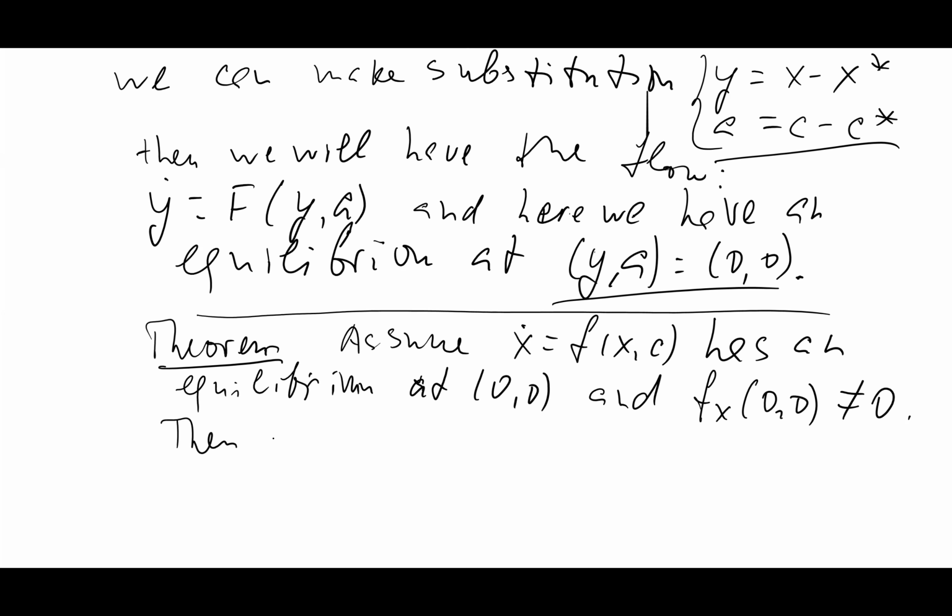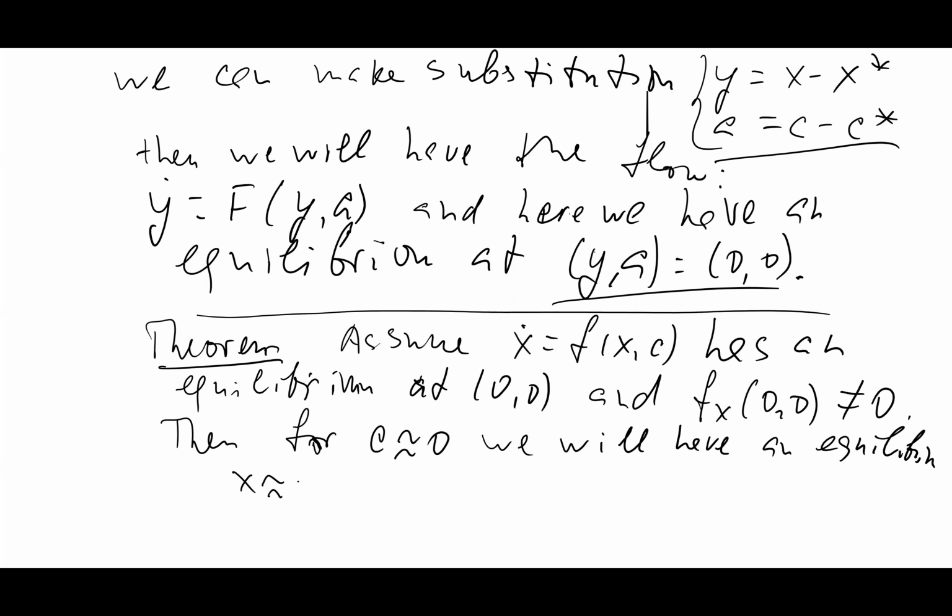Then for small values of c, let's put it like this, for c around 0, we will have an equilibrium x around 0 with the same stability. So what does it mean?